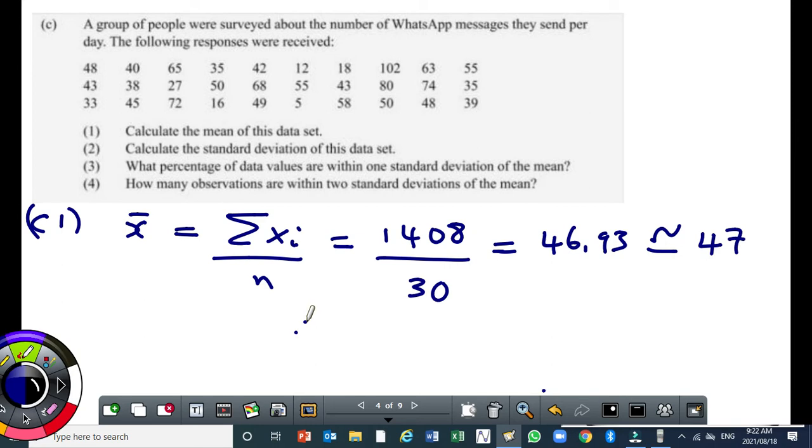Number 2, calculate the standard deviation. Now, though there is a formula based on what I told you yesterday, there is a formula to calculate the standard deviation. You have to calculate the variance first, then you find the square root of the variance. Now, in the old days when the calculators were not advanced, you had to do it manually. But now we have got advanced calculators, so we can determine that standard deviation, right?